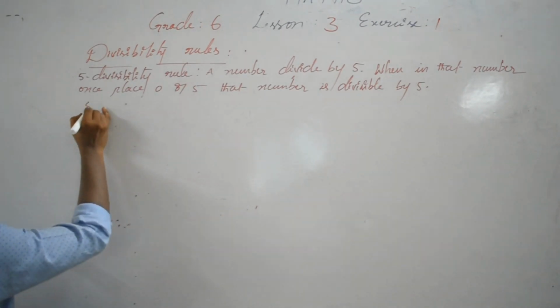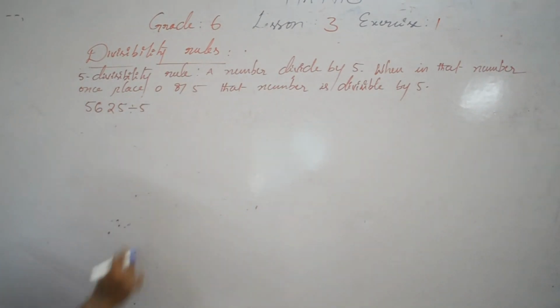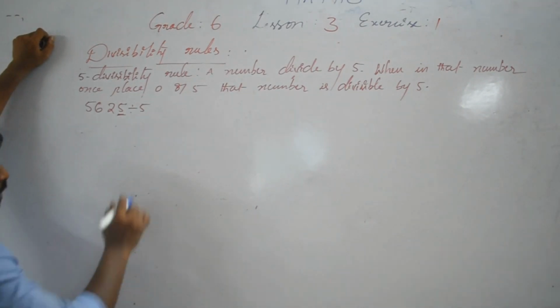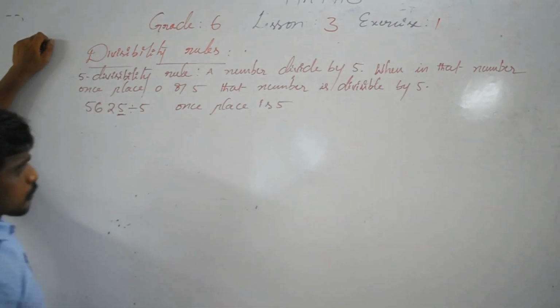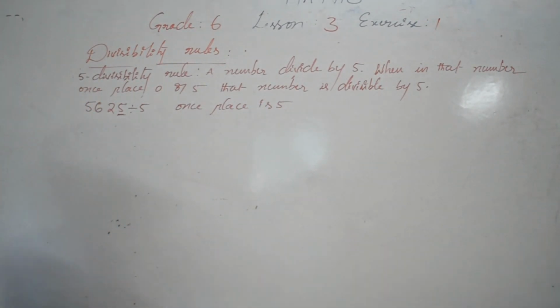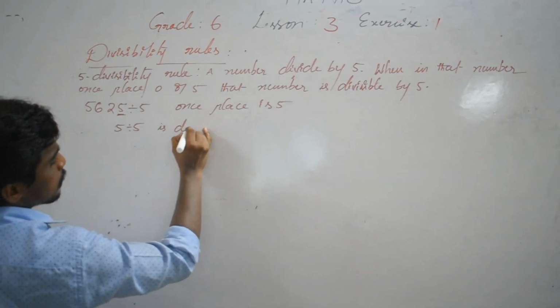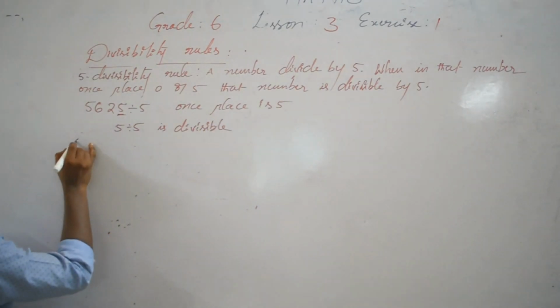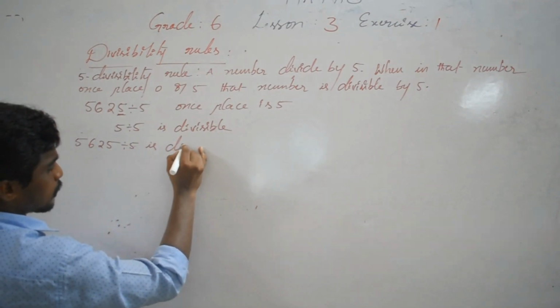So 5625 divided by 5. Here you just check the ones place. Ones place is 5. So 5 is divisible or not divisible? 5 divided by 5, divisible. So this number is also divisible.